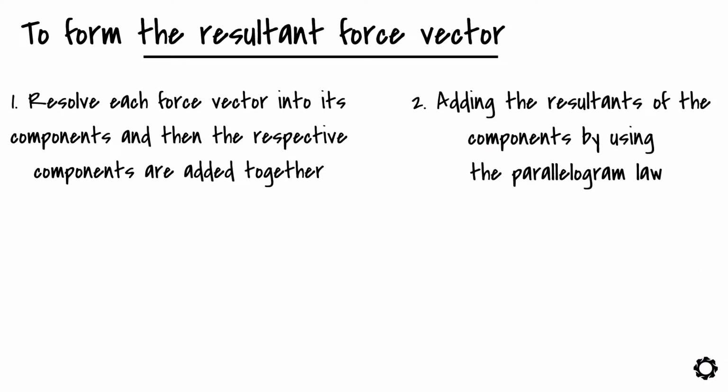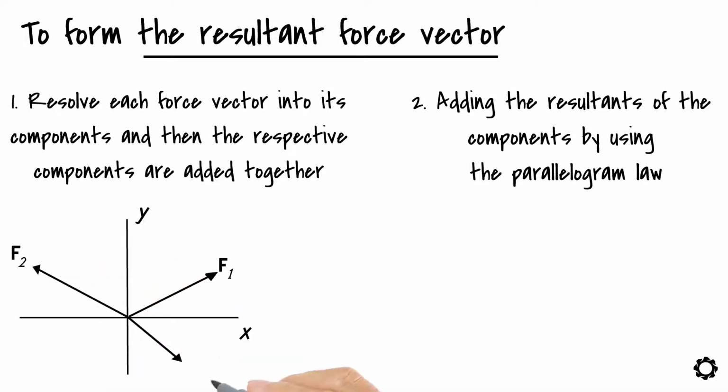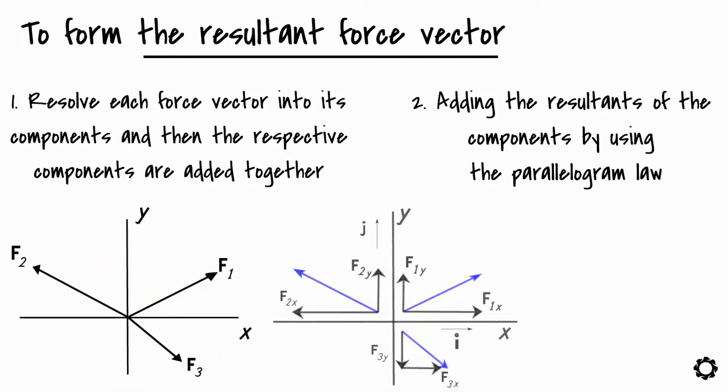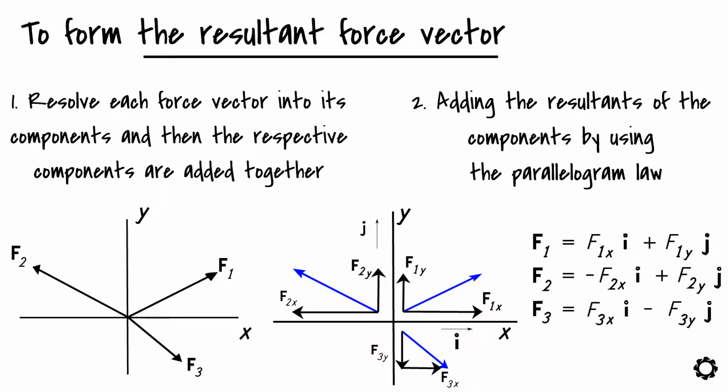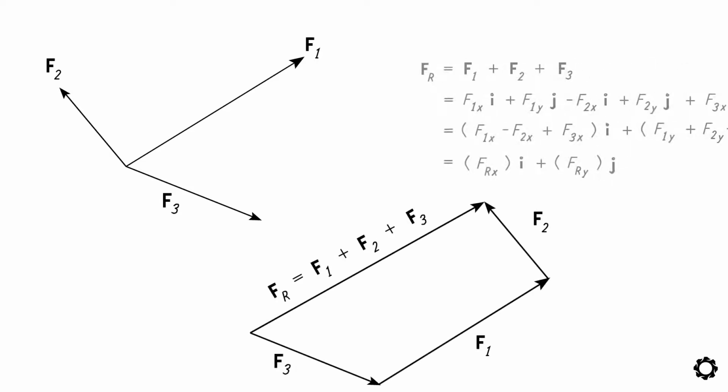For example, think about the following problem, in the planar case, in which we have three force vectors, F1, F2, and F3. If we use the Cartesian vector notation, then each of these forces can be represented as shown. Now, based on the resolved force components of each force, we can obtain the following force vector resultant Fr.